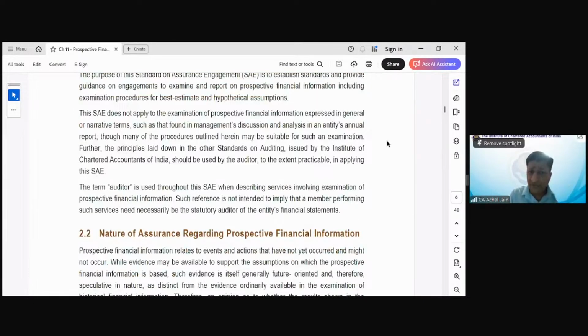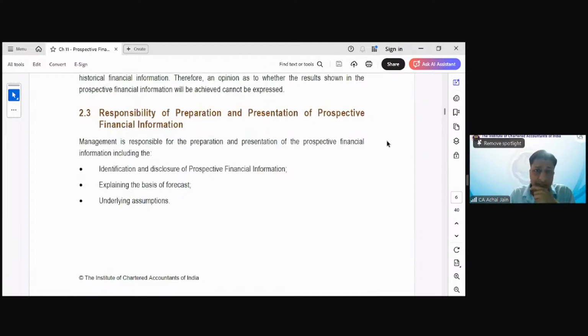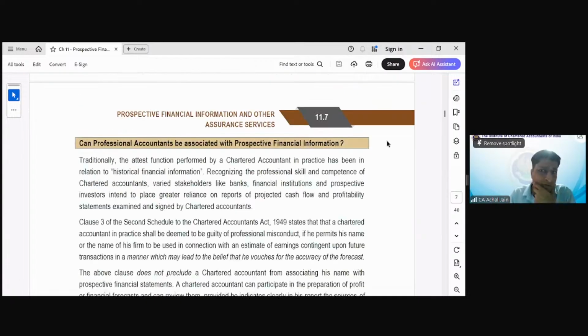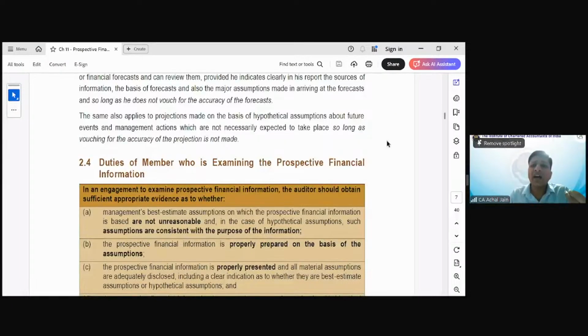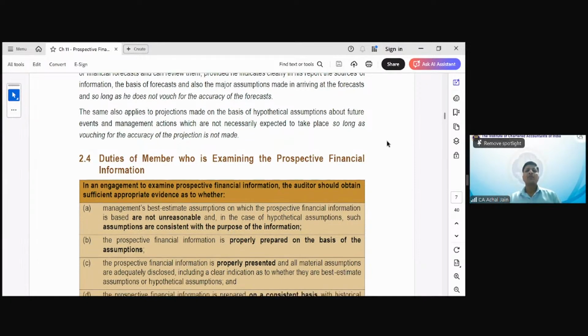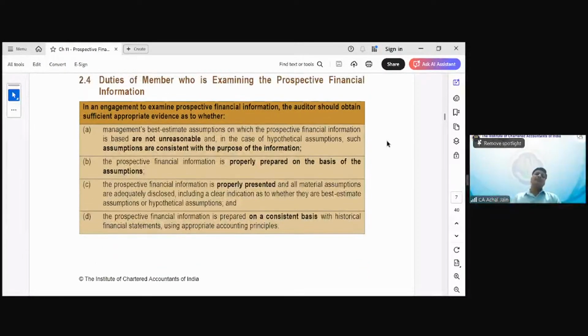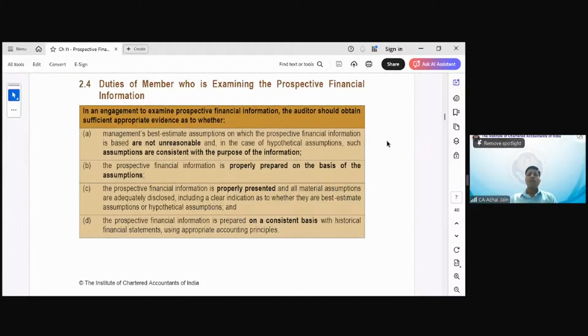Now, as far as the assurance is concerned, when it comes to the preparation of this information, who will do this? Management will do this. Can the practitioner prepare this? No. So what is it that the practitioner will have to do? Now in this case, let's try to understand the most important part.